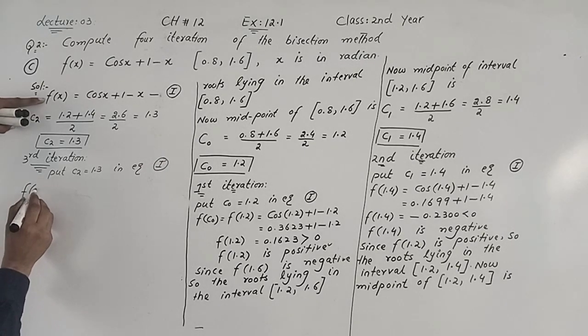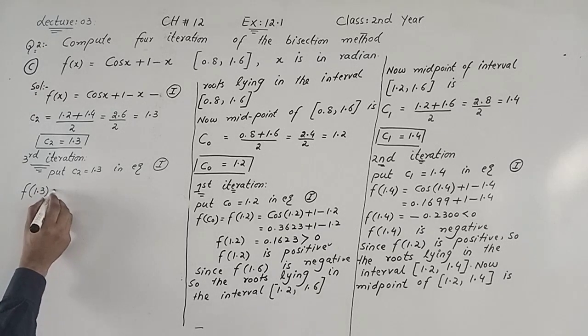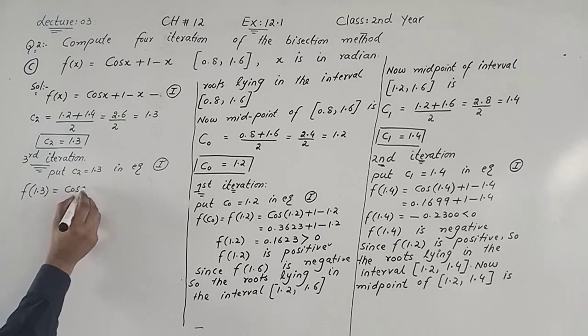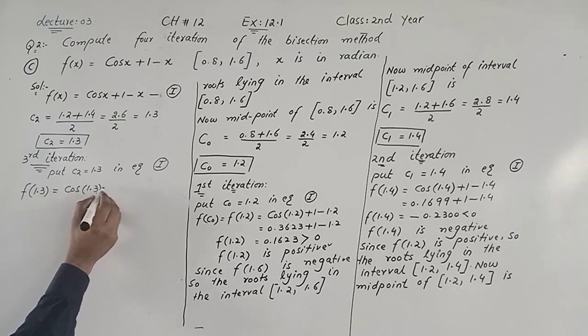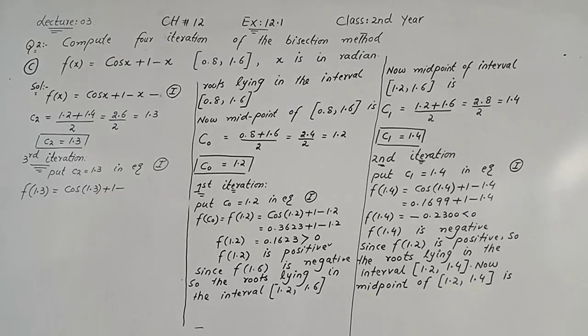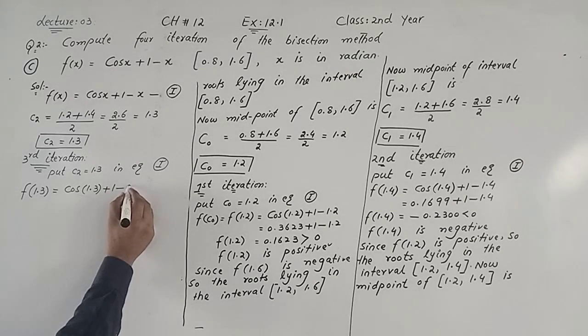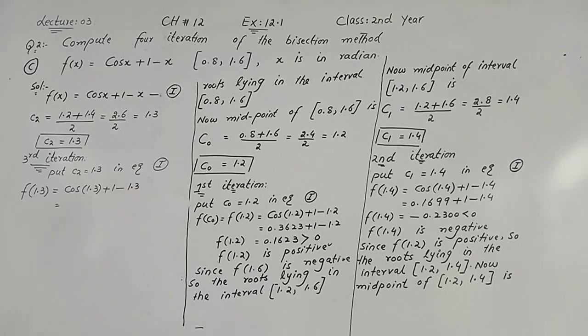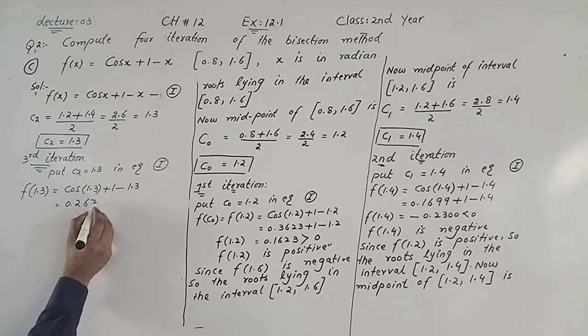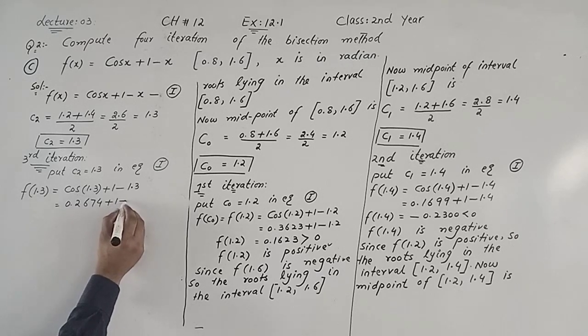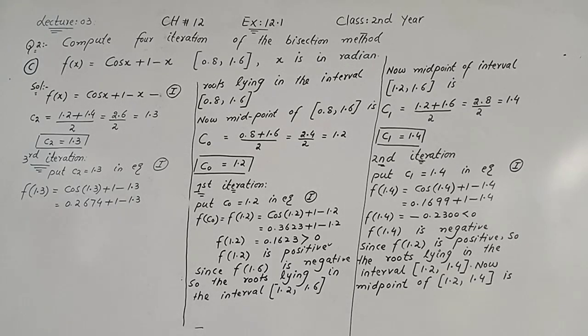f of 1.3 is equal to cos 1.3 plus 1 minus 1.3, तो ये आ जाएगा cos 1.3 से 0.2671 plus 1 minus 1.3, तो इससे हमारे पास आ जाएगा minus 0.0325, which is less than 0.